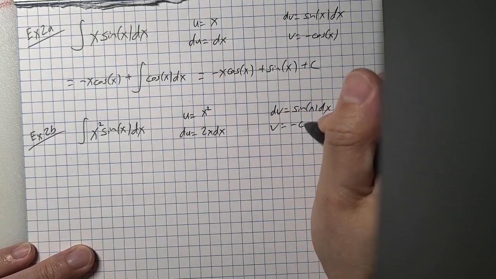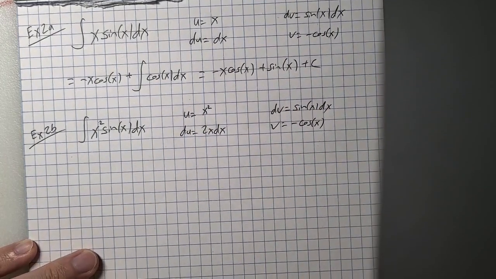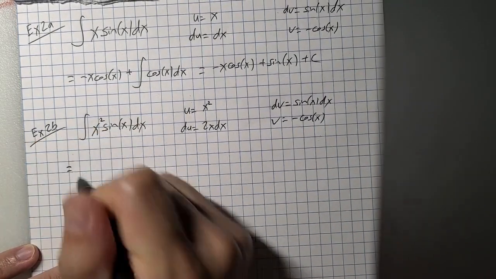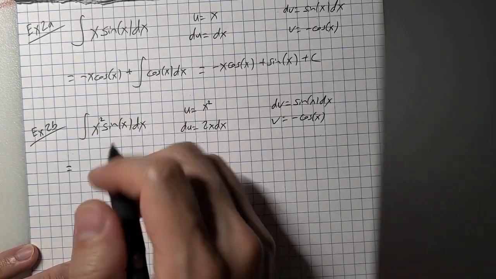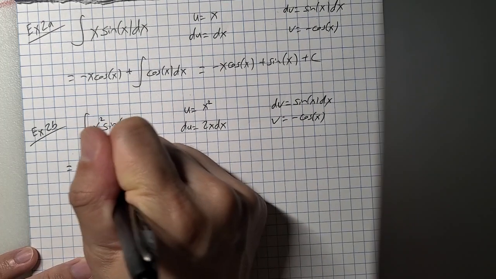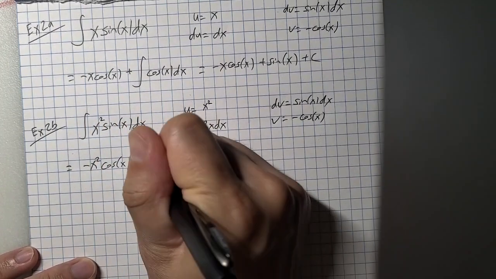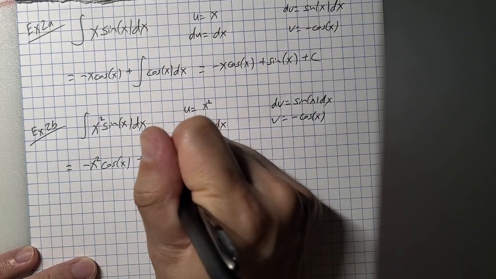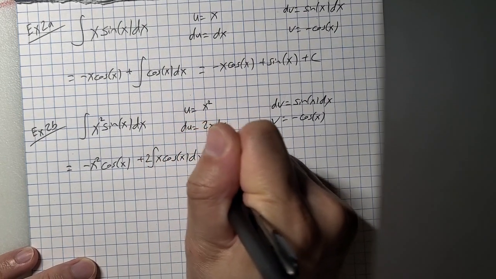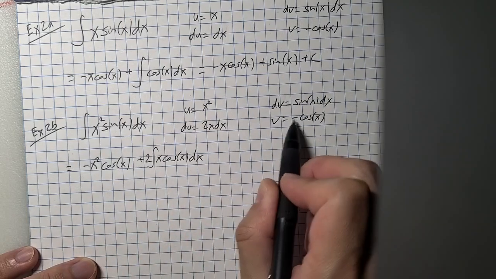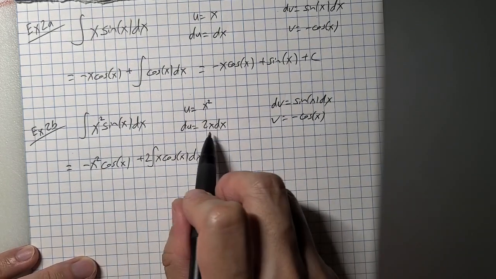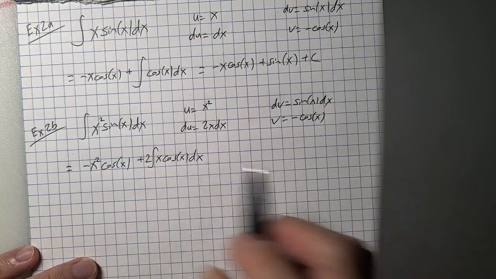V would be minus cosine x. Okay, so this integral is equal to uv minus v du: minus x squared cosine x plus integral of 2 times x cosine x dx. This plus because it'll be minus and negative, so it becomes positive, and then 2x cosine x is still there, okay?